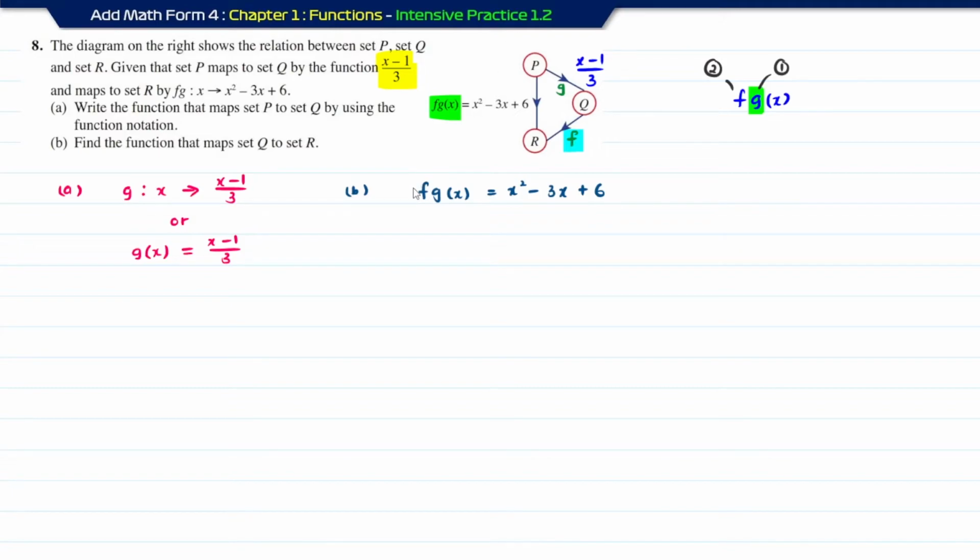If we look at the position of f in our composite function, it is the outer one, right? So you're going to find this using the inverse function method. This composite function is formed when you insert the function g into f. Now function g is this one, x minus 1 over 3.